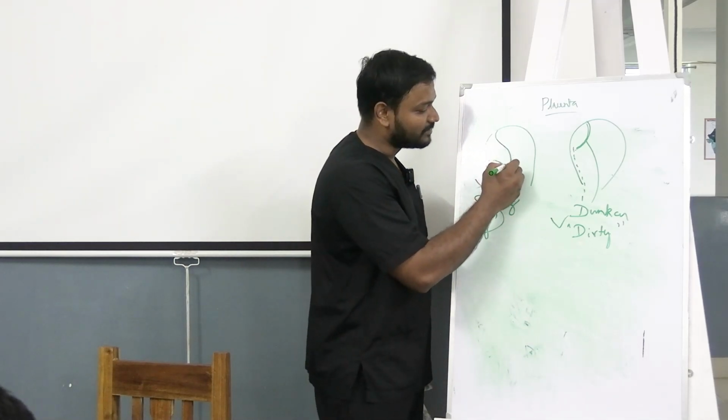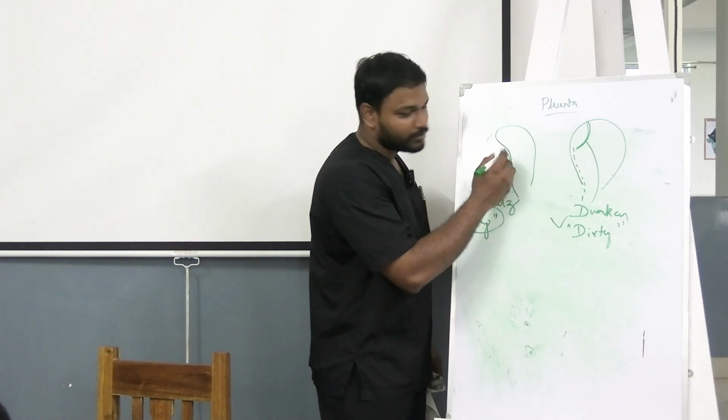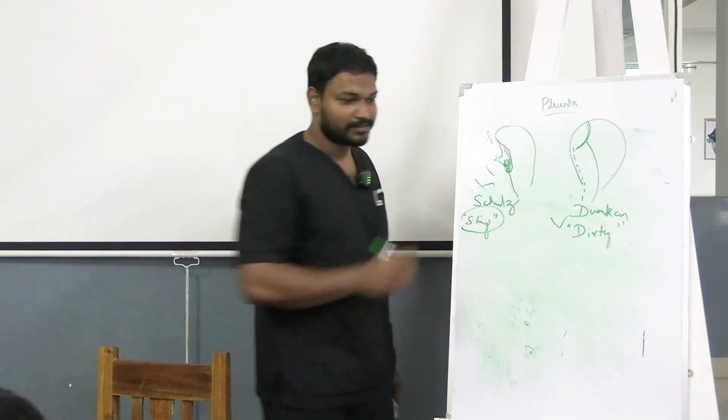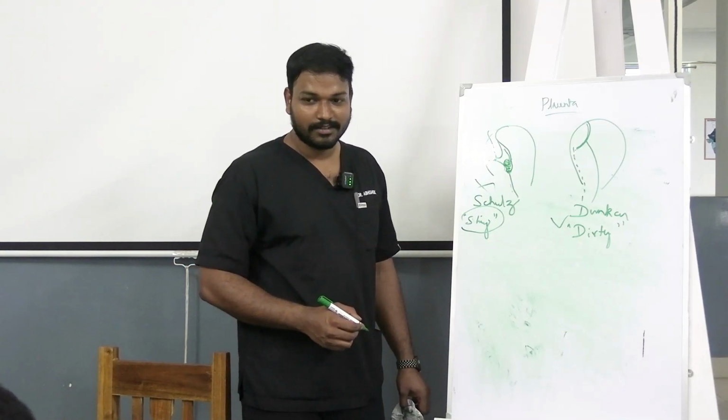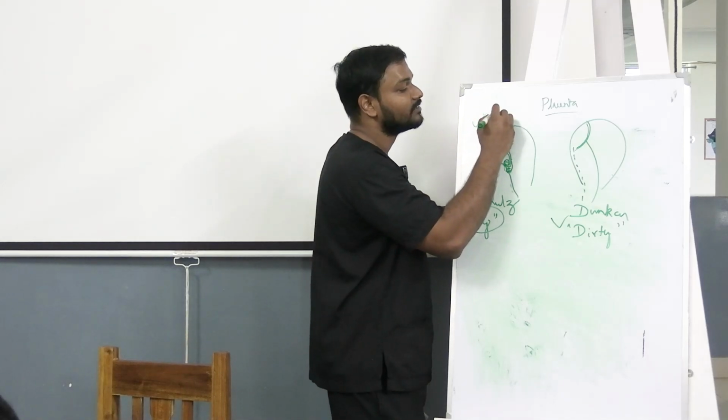What happens because of the Schultze method? When we try to remove the placenta centrally first, the uterus also comes along with it. This is called uterine inversion.